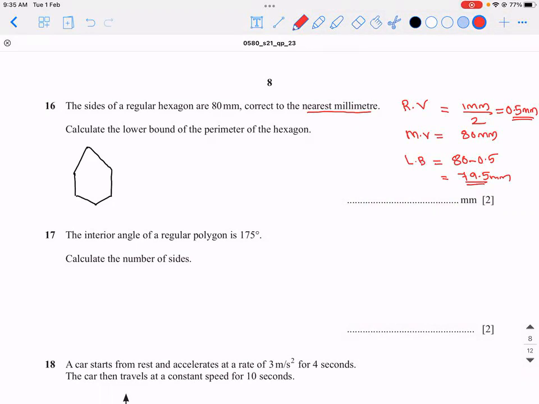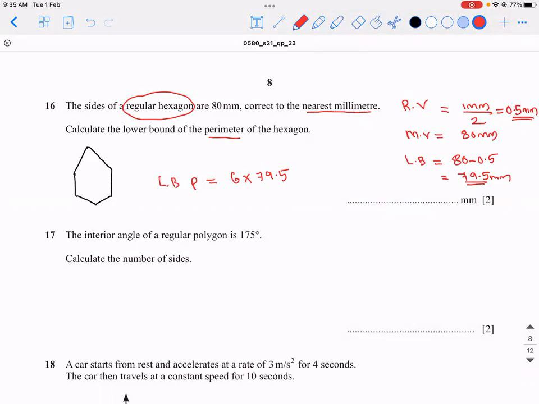So now things become very easy. How? To do one thing. What is that? Since they are asking for the lower bound of the perimeter, and this regular hexagon has 6 sides, you multiply 6 with 79.5. So that will be the answer. 6 multiplied by 79.5. So what will be your answer?